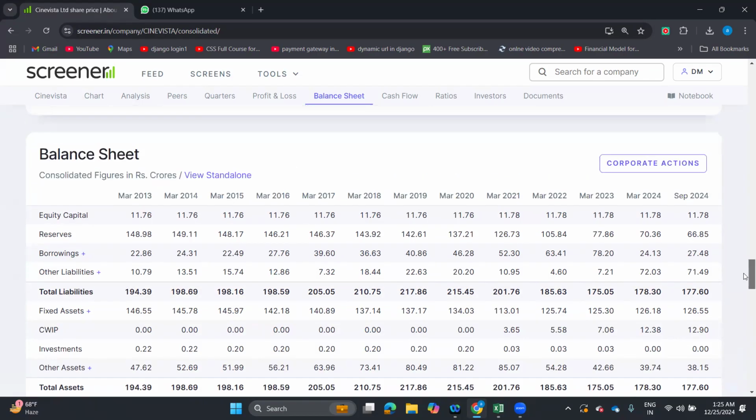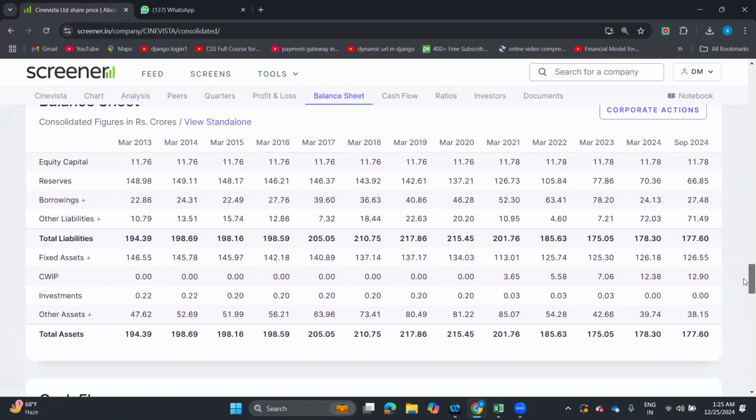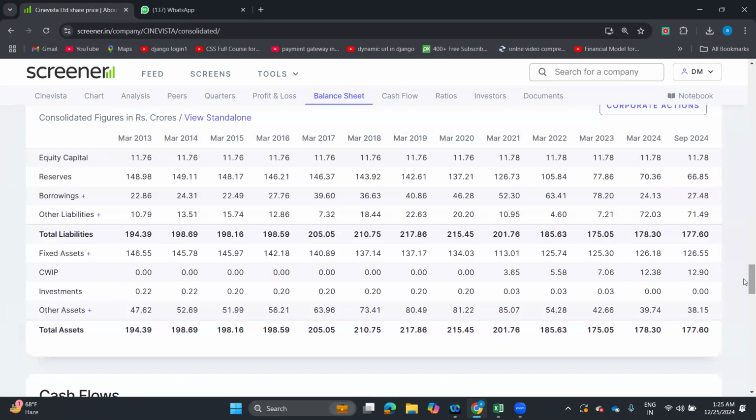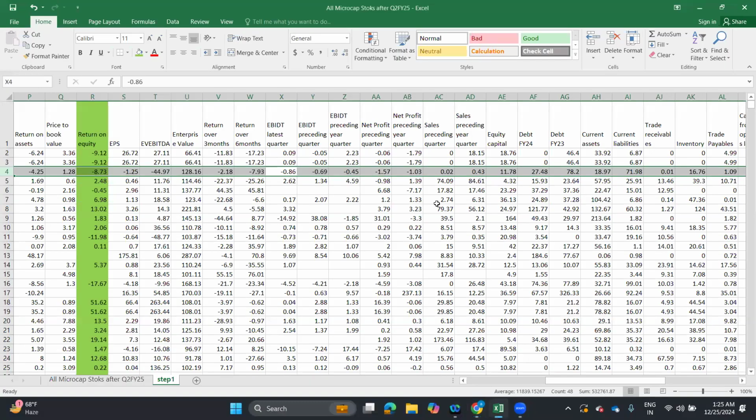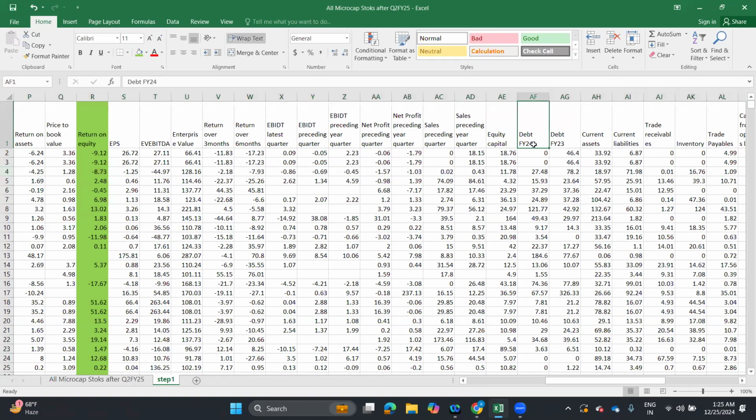So what I was trying to show you, this is the balance sheet, right? This is the balance sheet, and your borrowings 27.48 crore is the September 24 quarter borrowings. So this is the data after H1 FY25, and this is the data of FY24.